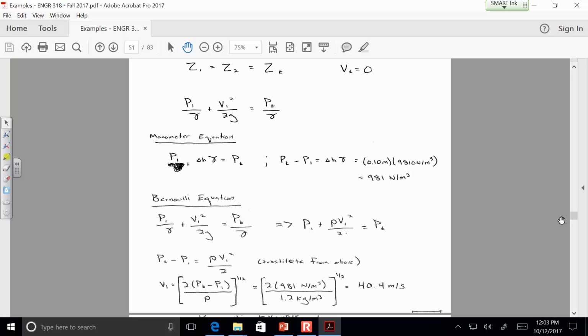But then the tricky thing that students really struggle with is the idea that what's the difference between location 2 and location T?